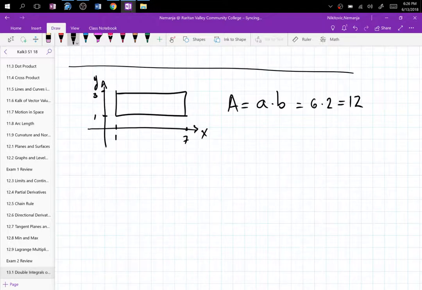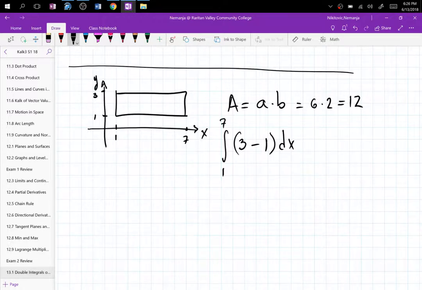This is what you do when you are in elementary school, I guess, or middle school, whatever, right? Then you get to Calculus 1, and in Calculus 1, you say, okay, this is the integral from 1 to 7 of the function 3 minus function 1 dx. You have y equals 3 constant function, that's the horizontal line, and you also have y equals 1.